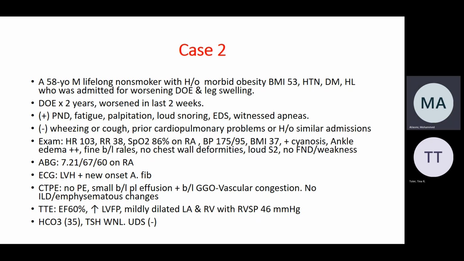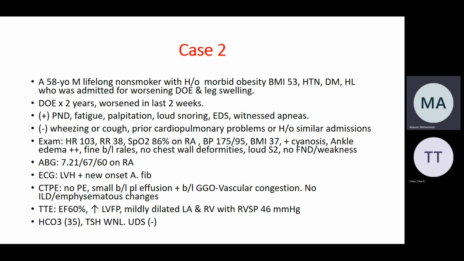On exam, the patient is tachycardic, tachypneic, hypoxic, 86% on room air, and hypertensive. Also, sorry, the BMI was a mistake. It's 53, not 37. Cyanotic with ankle edema, +2 bilaterally.